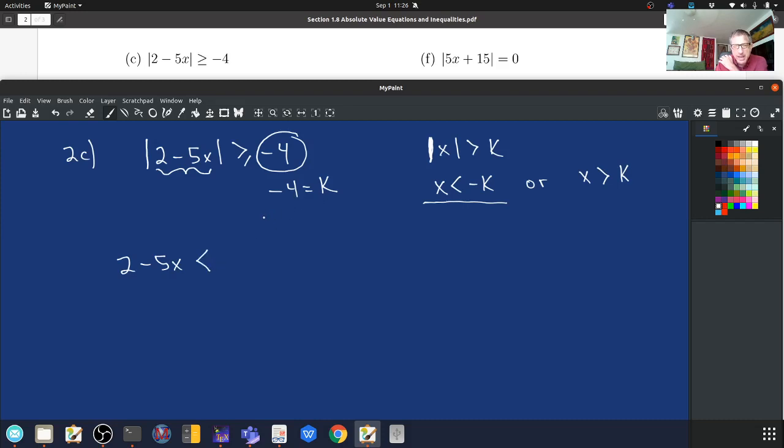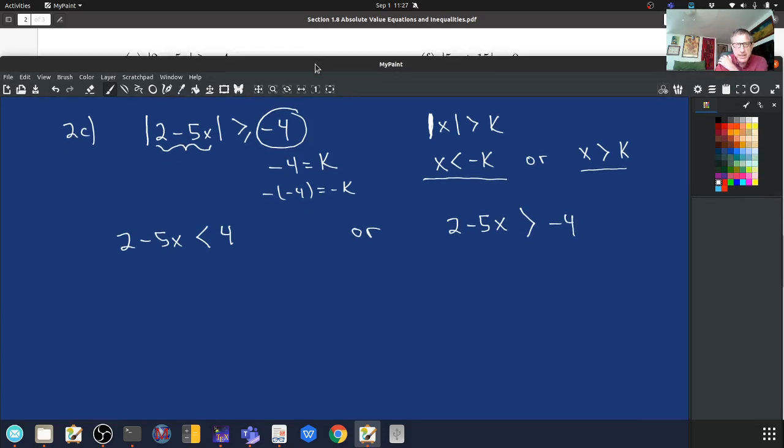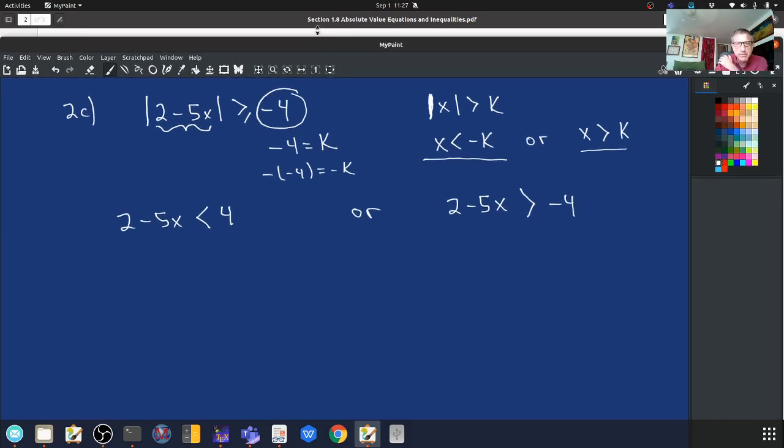So minus k is minus 4. So it's less than 4. And over here, I have x is greater than k, so my x stands for 2 minus 5x. It stands for that unknown value is greater than, k here is minus 4. So we're done. We've translated it to an equivalent form.